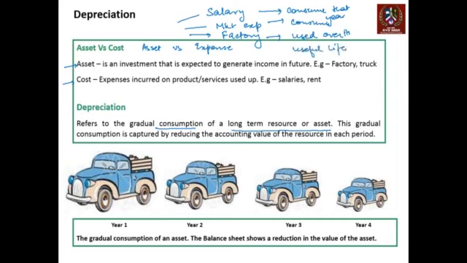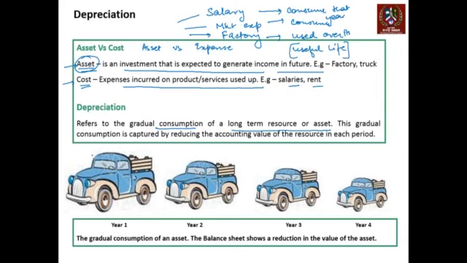So anything that has a concept of a useful life, and that you could use over that period, is what gets classified as an asset, an investment that is expected to generate income in the future, whereas costs are expenses incurred on products and services used up there and then, like salaries and rent, right? The depreciation concept, because of useful life, applies only to assets, right?